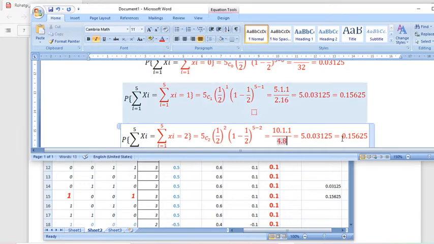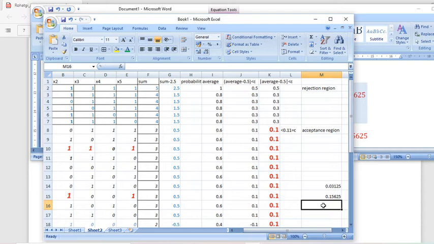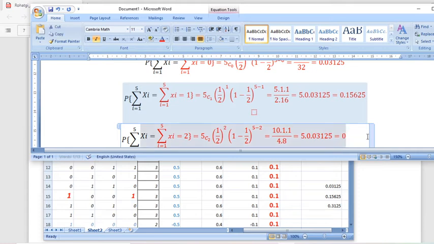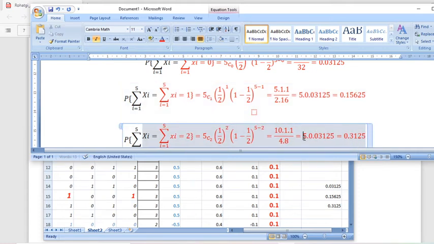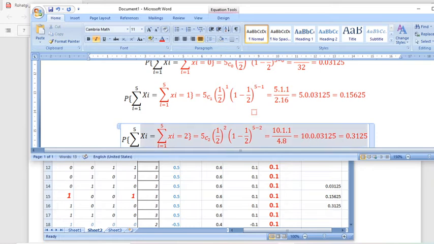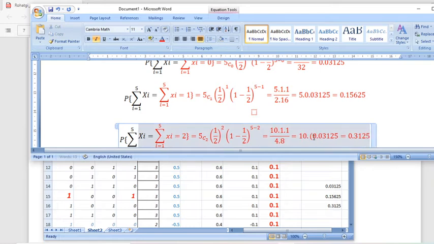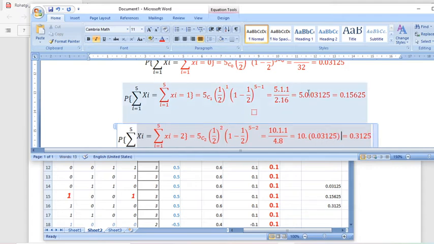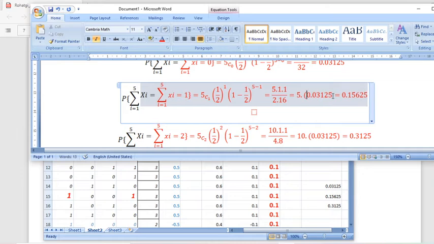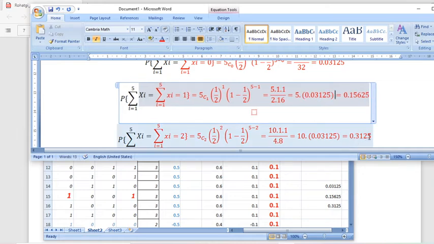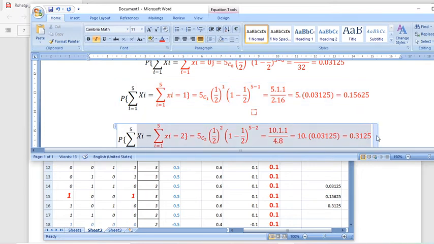This is again 32, so 10 into 1 by 32, that is 0.3125.